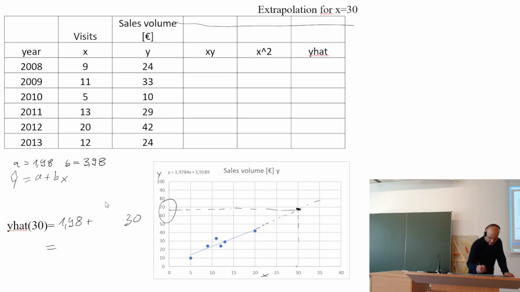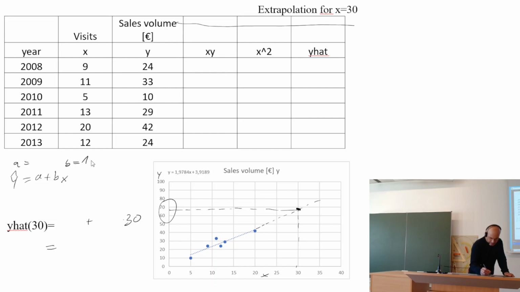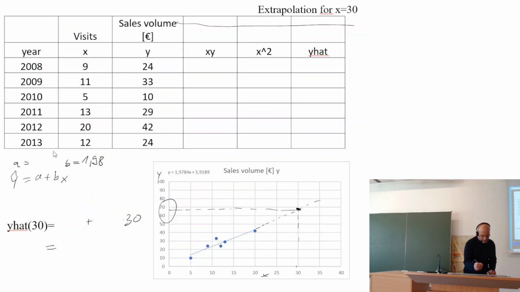This was the other way around, sorry. So this is 1.98 and 3.92.